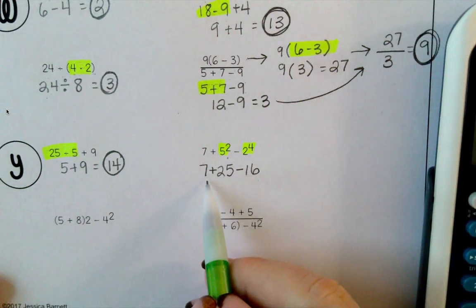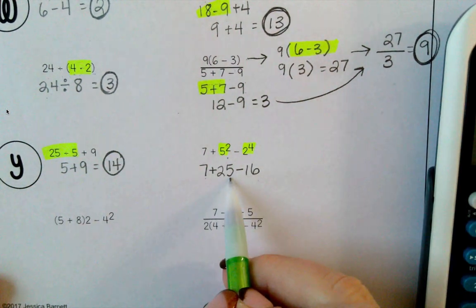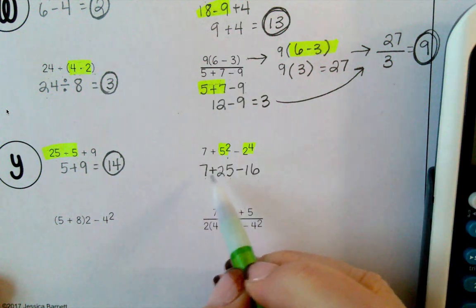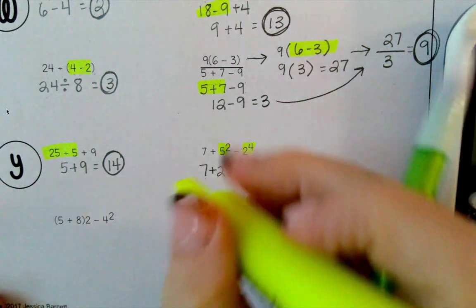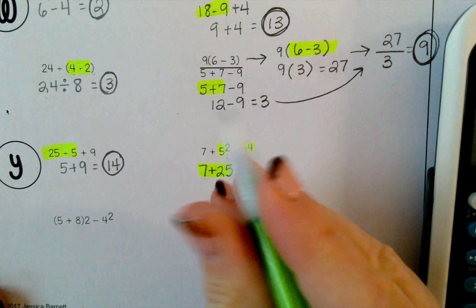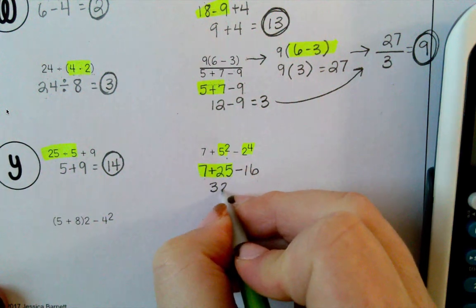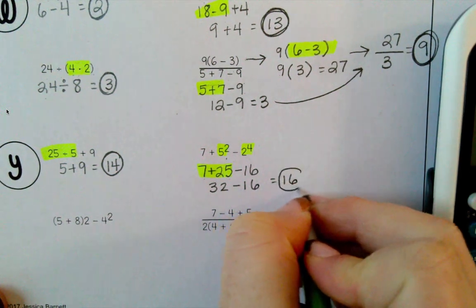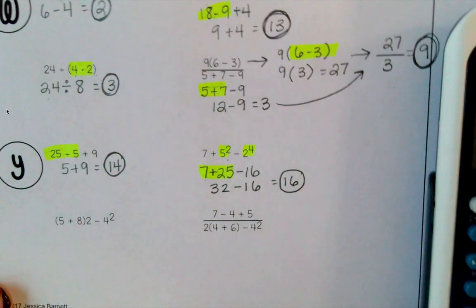Now I look at my problem again, 7 plus 25 minus 16. This is all addition and subtraction, so work left to right from this point out. So 7 plus 25 is 32, minus 16 gives you 16.